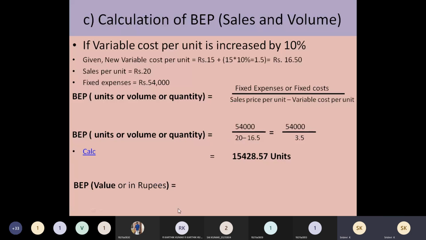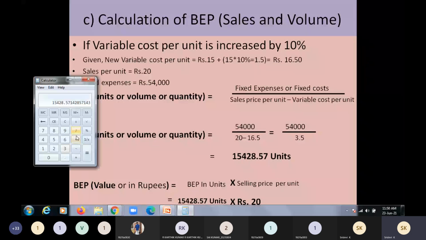Now apply the break-even point in rupees formula: BEP in units into selling price per unit. Substitute the values: 15,428.57, or if you want, round it to 15,429, into 20 rupees. Calculating that, you get 3,08,571.43.